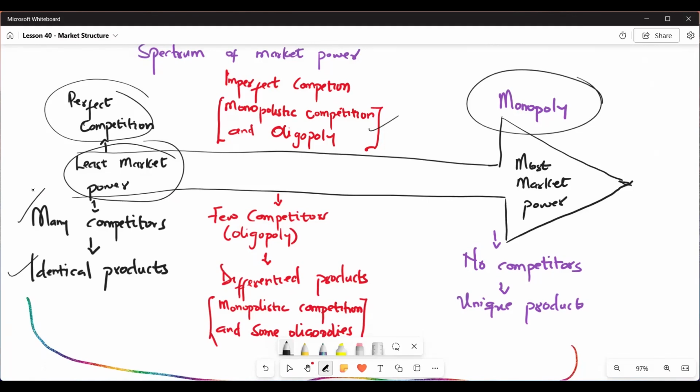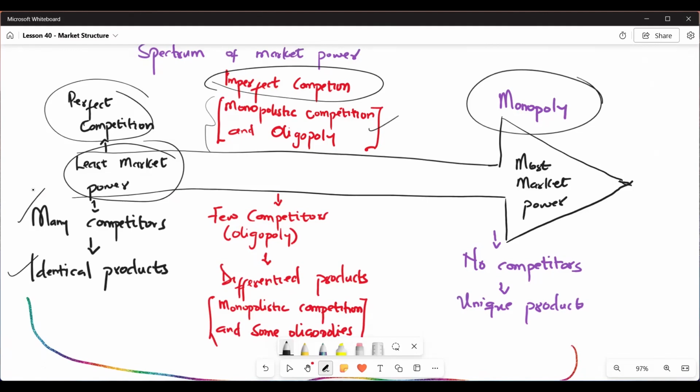Now, the next bit is imperfect competition, which comprises monopolistic competition and oligopoly. Now, this is a bit difficult to differentiate sometimes. So when we look at oligopoly, they have few competitors. So we mentioned that there are a handful of large sellers in the market.